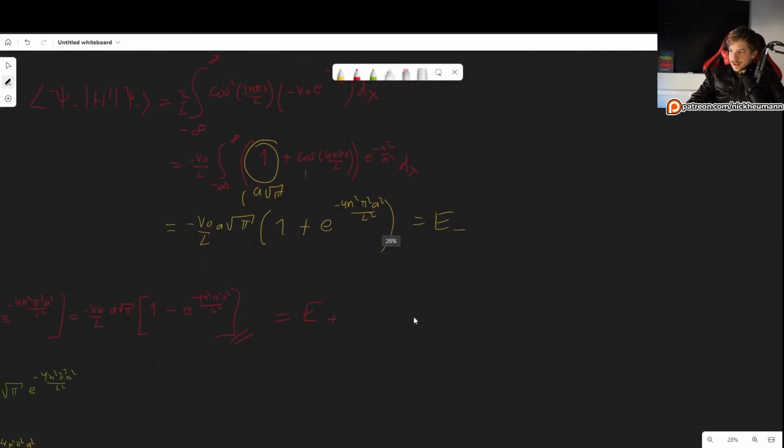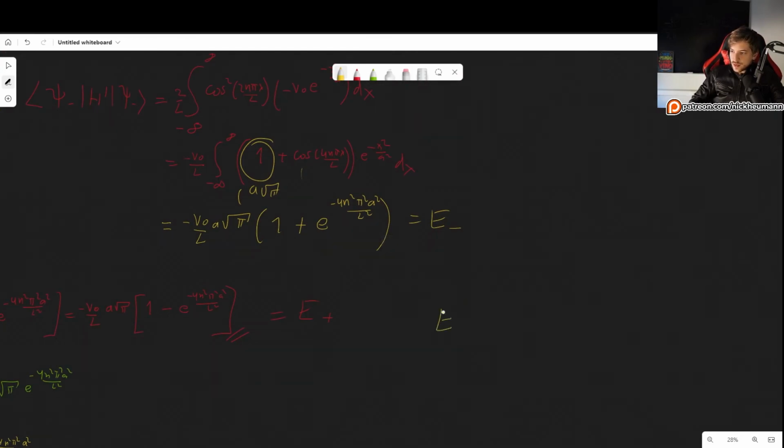So basically, if you want to put everything together, e plus minus, this is minus v0 over L a square root of pi, and then we have 1 minus plus, because when it is e plus, we get a minus sign. When it is e minus, we get a plus sign. E to the minus 4n squared pi squared a squared divided by L squared.